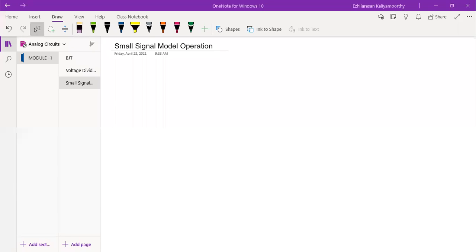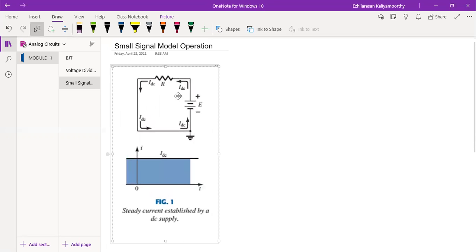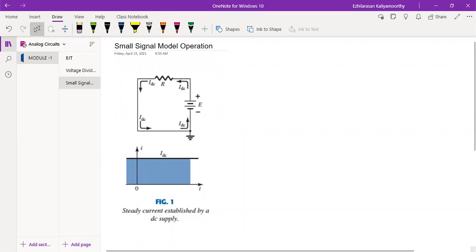Let us take a simple example. Say this is the circuit we are showing, a simple circuit connected to the DC supply. It has a steady state established by the DC current. See here, this is the DC current we get.